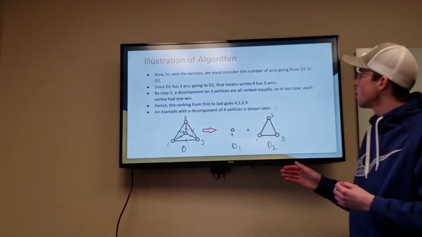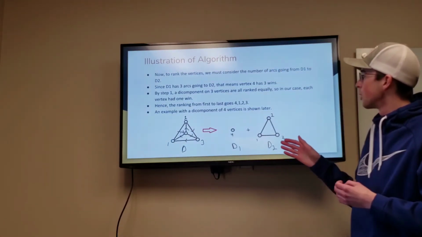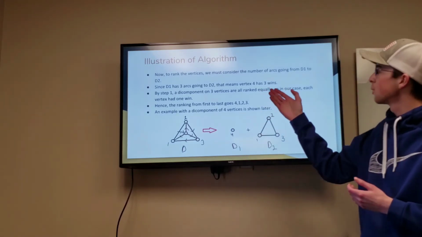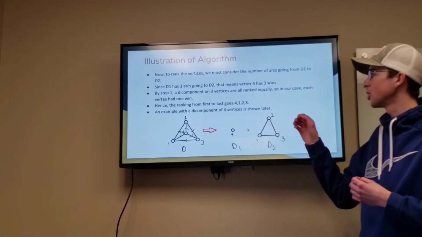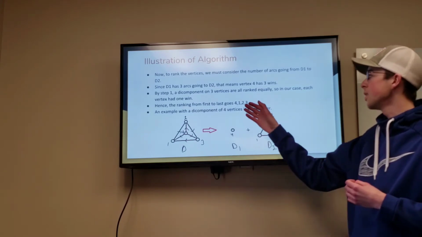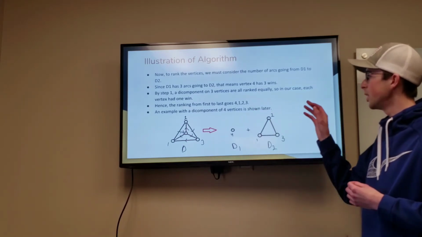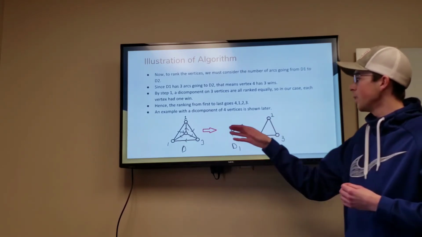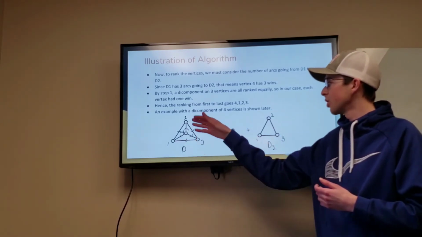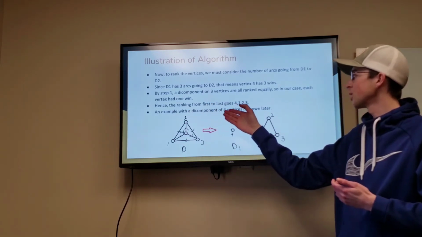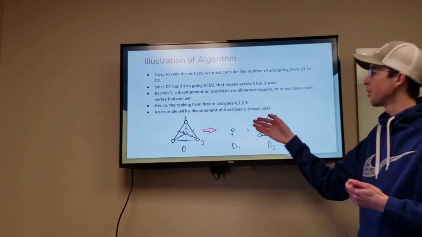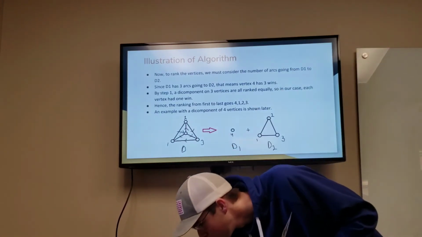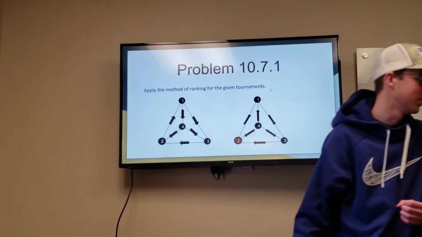If we must rank the vertices, since D1 had 3 arcs going to it, vertex 4 had 3 wins. And by step 1, any dicomponent on 3 vertices is ranked equally. All these vertices only have 1 win, so our players go from first to last as 4, 1, 2, and 3. An example with a dicomponent of 4 vertices will be shown later by Emmeline.